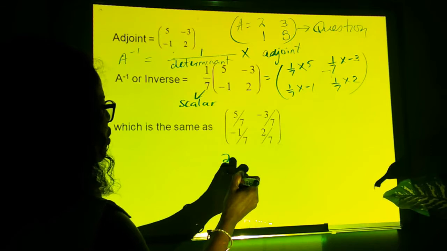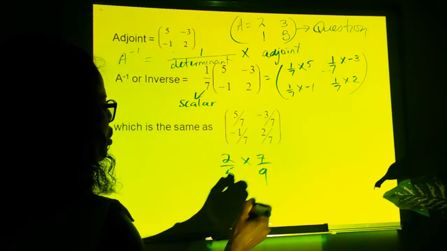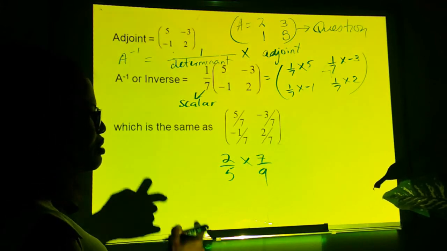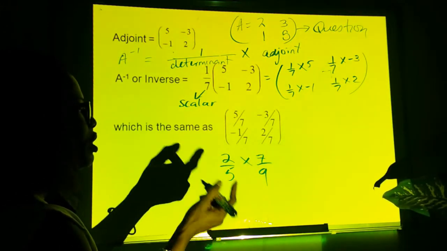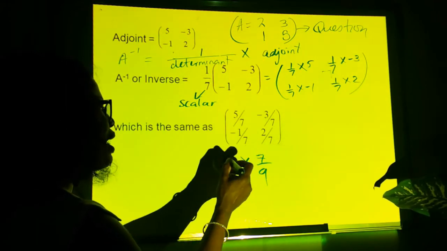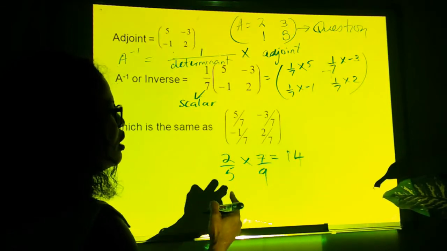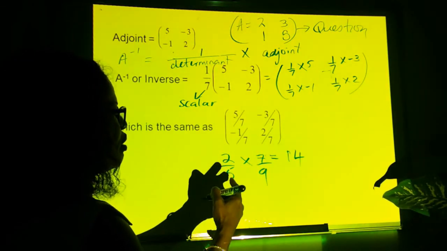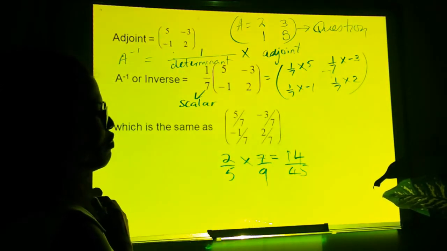Suppose you have 2 over 5 times 7 over 9. That's multiplication of 2 fractions, right? So nothing can be cancelled. So we multiply numerator by numerator, 7 twos, 14. Denominator by denominator, 5 times 9, 45. Can't be simplified any further.